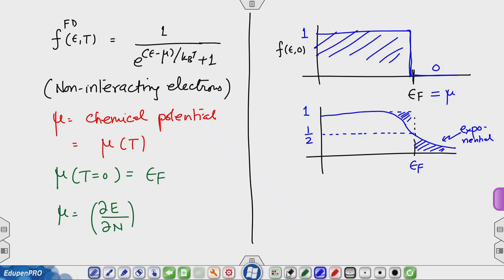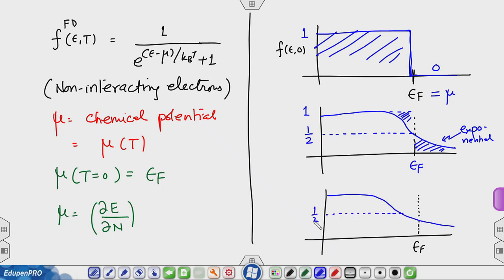If you increase the temperature further, here was epsilon F, the distribution may become something like this, so that the value 1/2 is at a point below epsilon F, and you can see from the expression this is mu, because at E equals mu, the occupation is precisely 1/2. This is F(E,T).